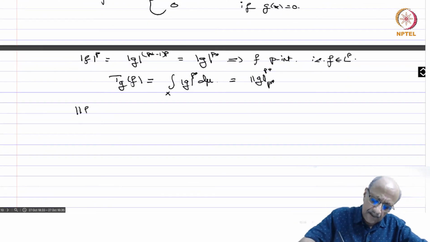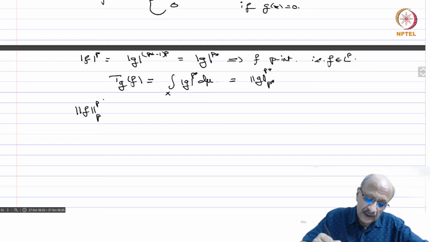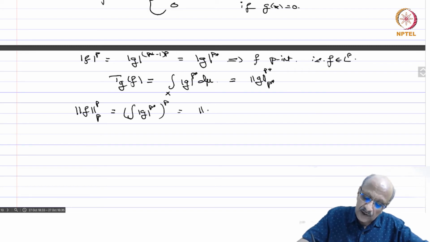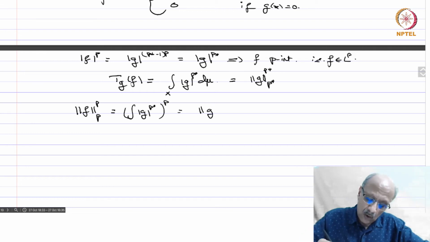Okay, so this is nothing but norm g_p star to the power of p star. And what is norm f_p? Norm f_p to the power p is the integral of |f| to the p, which is the integral of |g| to the p star, that is norm g_p star to the power p star. Therefore norm f_p is norm g_p star to the power of (p star over p).